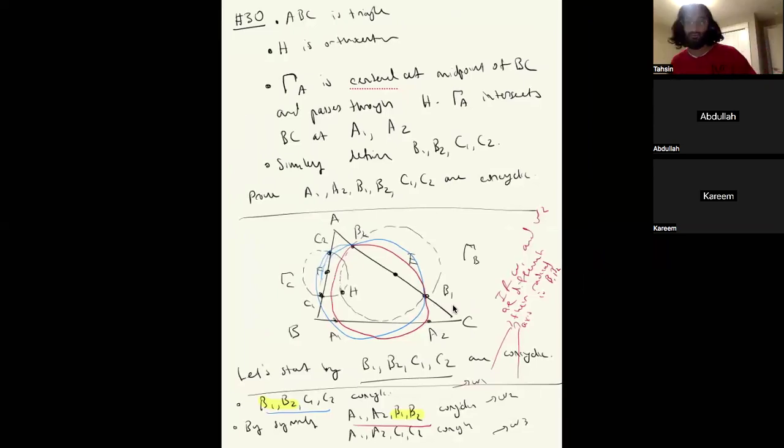But how do you prove that the circles aren't all in line? Sorry, I don't understand what the concern is. Three circles. How do you know that they do not lie on the same line?